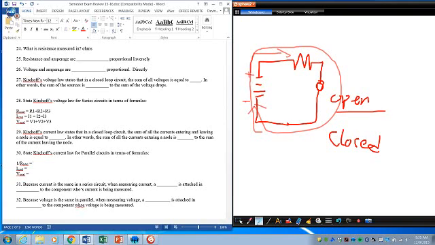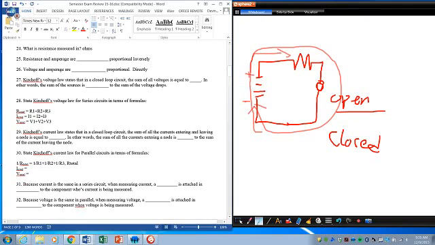So 1 divided by R total is going to be 1 divided by R1 plus 1 divided by R2 plus 1 divided by R3. If you pay attention, it's right there, it says 1 divided by R total.